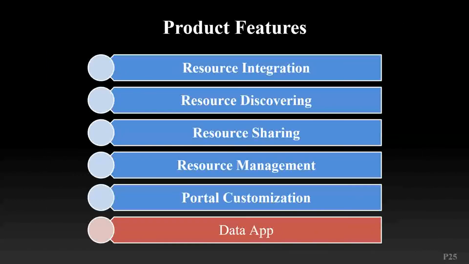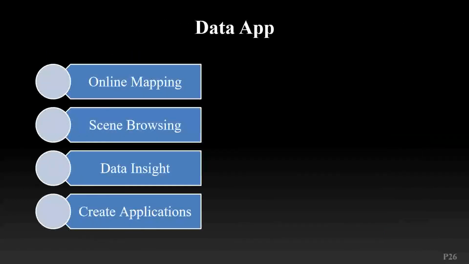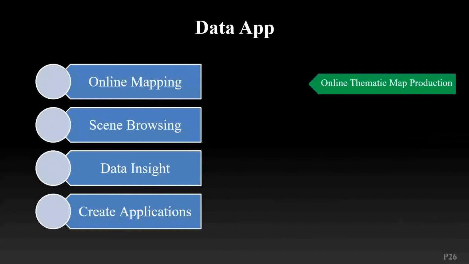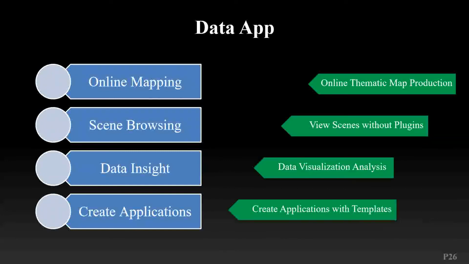it can also provide extension development. Okay, and the last one is data apps. There are many apps for data. The online mapping is kind of similar to iDesktop, but you can do the mapping online. The scene browsing shows the 3D scene. And data insights can help us do online analysis and visualization of our data and create applications.